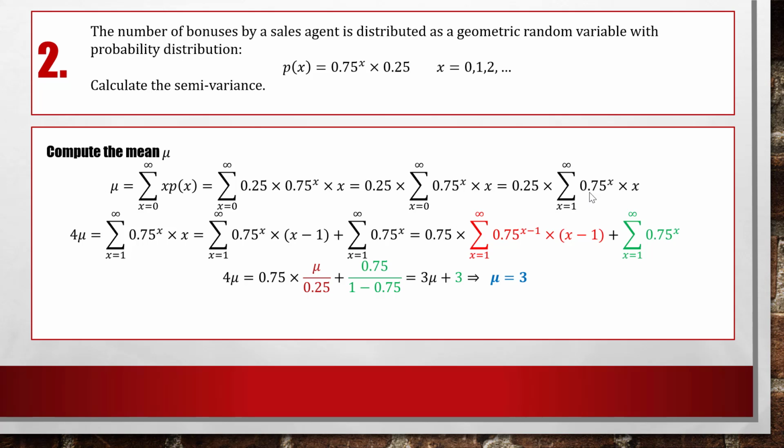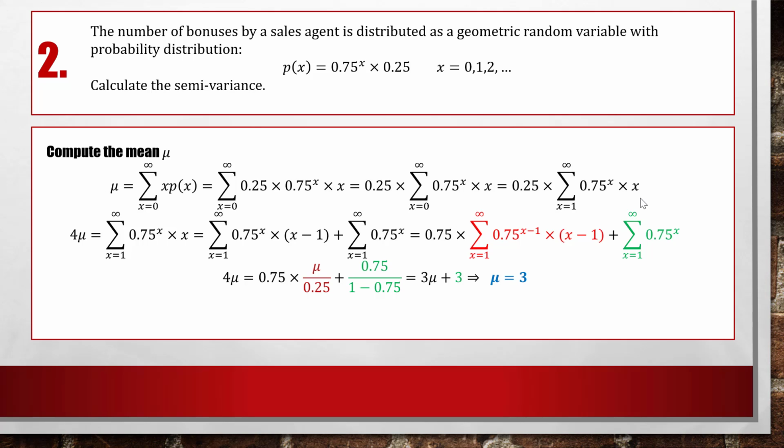Imagine if you have 0.75 raised to x minus 1, times x minus 1. You also have the same summation. The value doesn't change much, it's still the same. So that is our derivation. And in order to make x minus 1 appear, we just have to derive it. So I'm going to derive the x factor here first and then the exponent. For the x factor here, I can just rewrite it as x minus 1 plus 1.